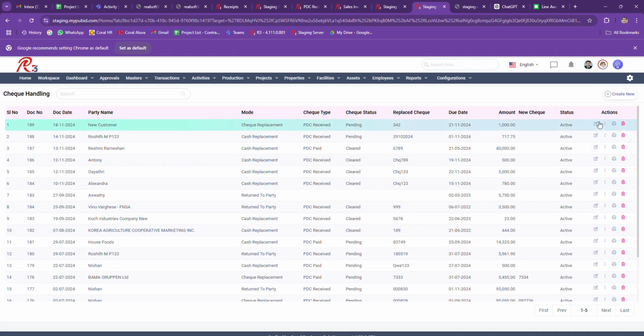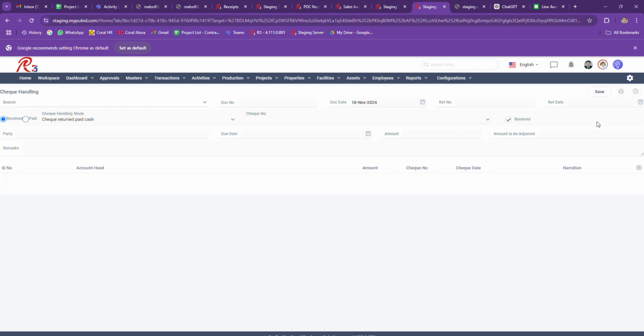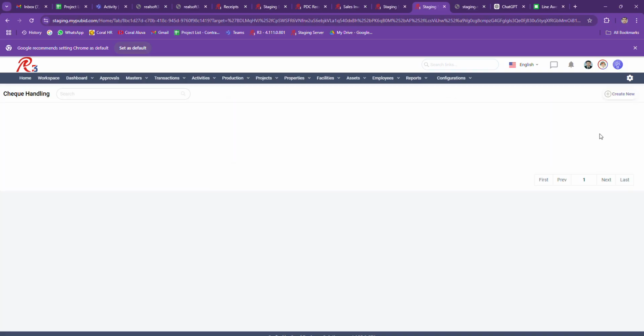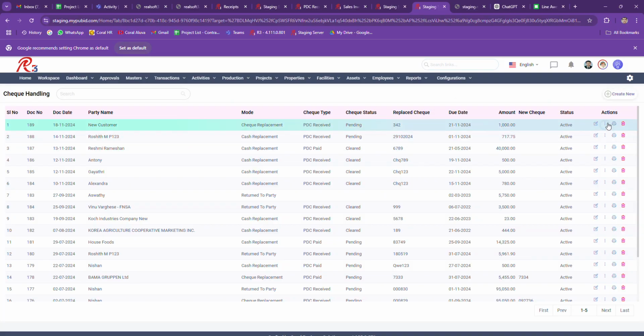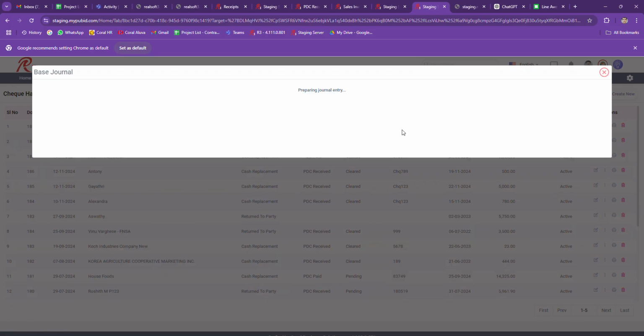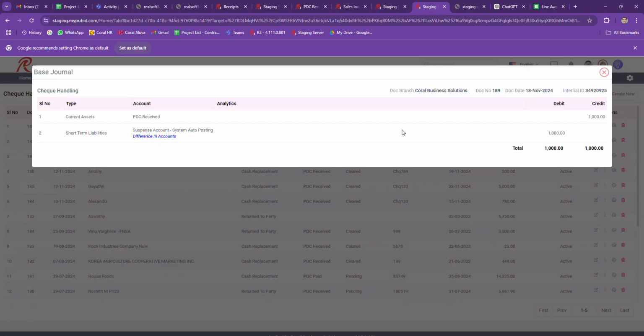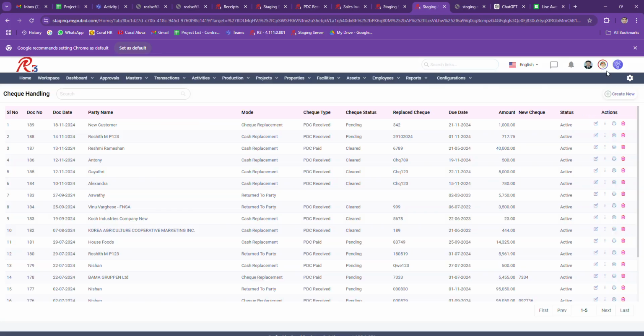Okay. Now we have replaced it with a new check. If you check this entry, you can see it's an auto posting account only. Something is wrong here that we have to rectify. Okay.